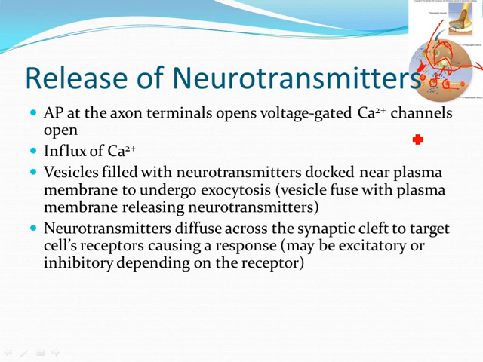The neurotransmitter will diffuse across this little space and bind to that receptor. The receptor might be excitatory or inhibitory. If it's excitatory, it's going to cause the membrane potential to get closer and closer to threshold. If it's inhibitory, it's going to prevent it from reaching threshold. So is it going to be more positive or more negative then? More negative, very good.